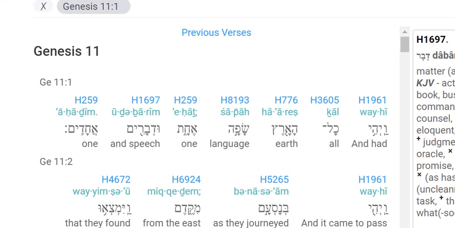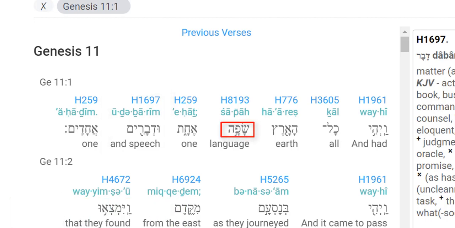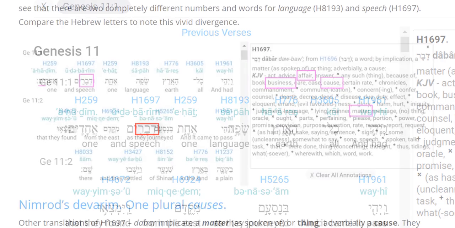You see that there are 2 completely different numbers and words for language, which is Strong's H8193, and speech, which is H1697. Compare the Hebrew letters to note the vivid divergence.